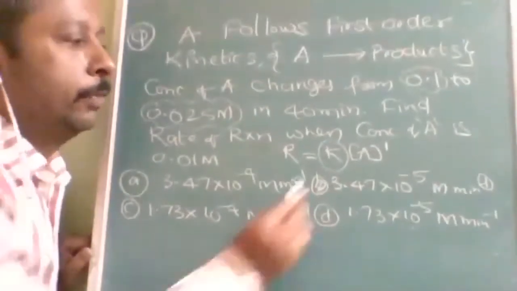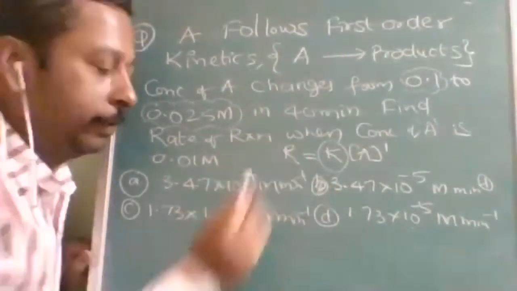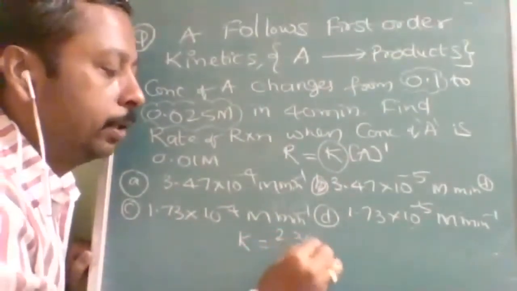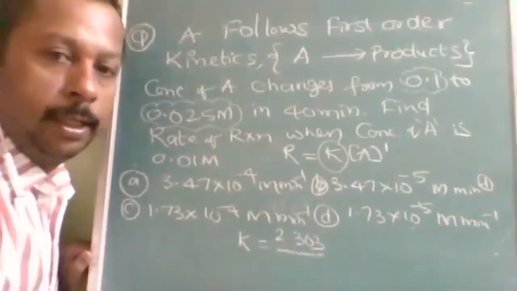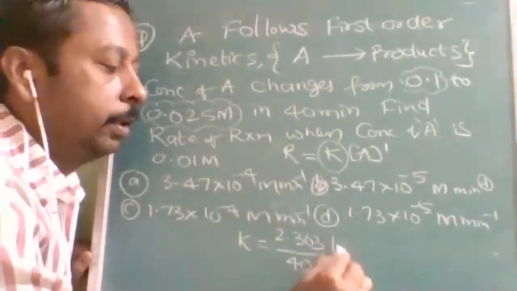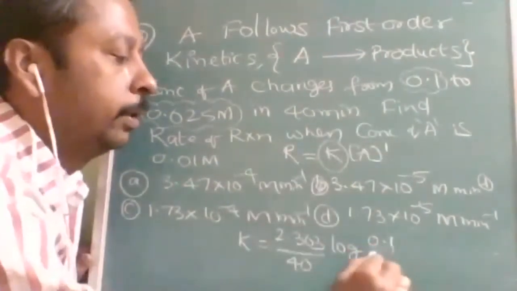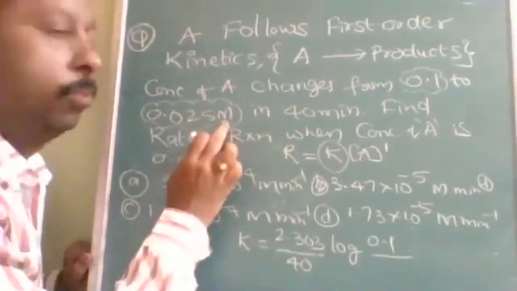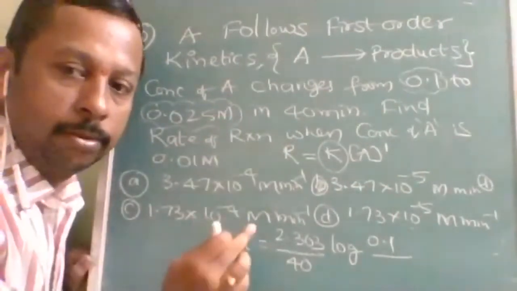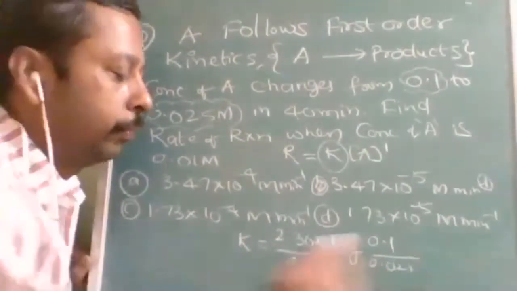First, what is required here? K is required. As it is first order kinetics, K is equal to 2.303 upon T, where T is 40 minutes, into log of the initial concentration 0.1 divided by the final concentration 0.025.